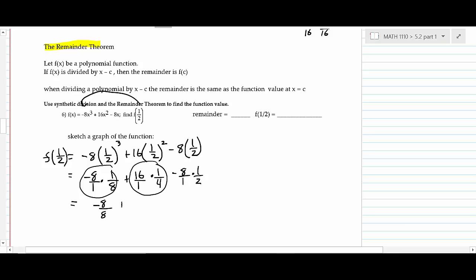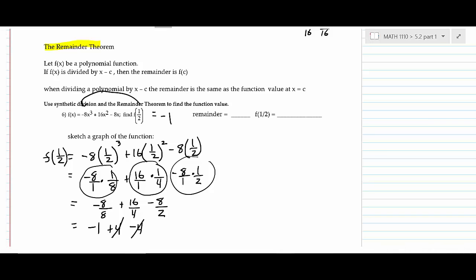Multiply that across, that's 16 over 4. If you multiply that across, that's -8 over 2. So what you're going to get is -1 plus 4 minus 4. So you get f of 1/2 is equal to -1. Okay? Now that's evaluating a function. I wanted to throw in the fraction on there because students a lot of times need to work on that.